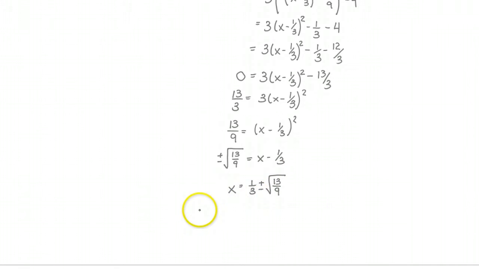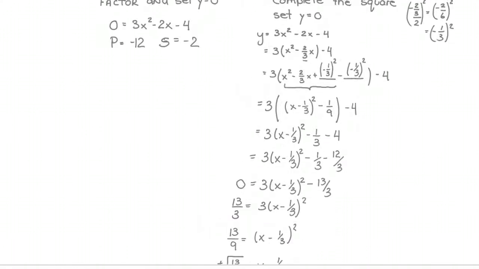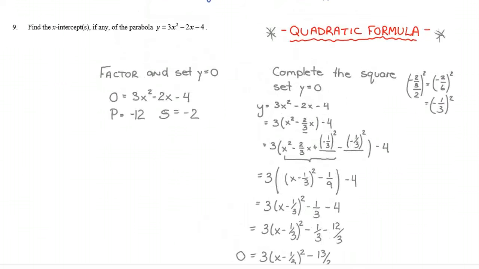The first is 1 over 3 plus the square root of 13 over 9, 0. The other is 1 over 3 minus the square root of 13 over 9, 0. And we're done.